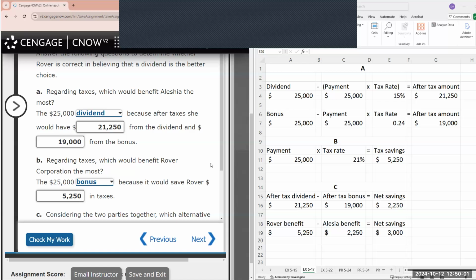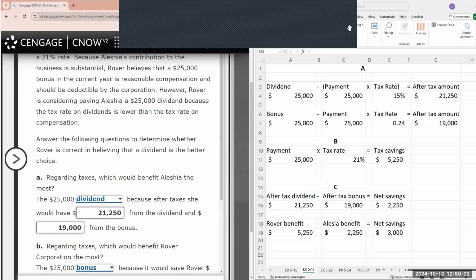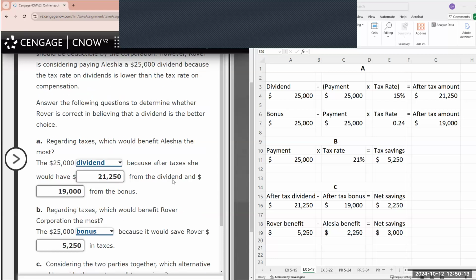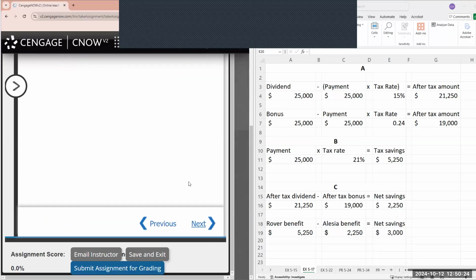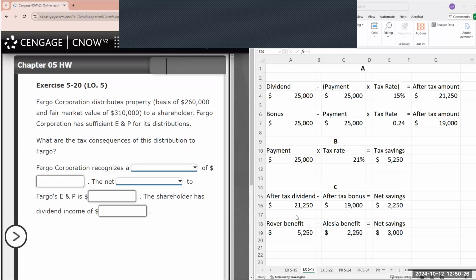So again, this is a great opportunity for tax planning, to understand the nuance between a dividend distribution versus payment as compensation or a bonus. This is on a small scale, but imagine when a corporation is dealing with hundreds of thousands or millions of dollars. So we move on to our next question.